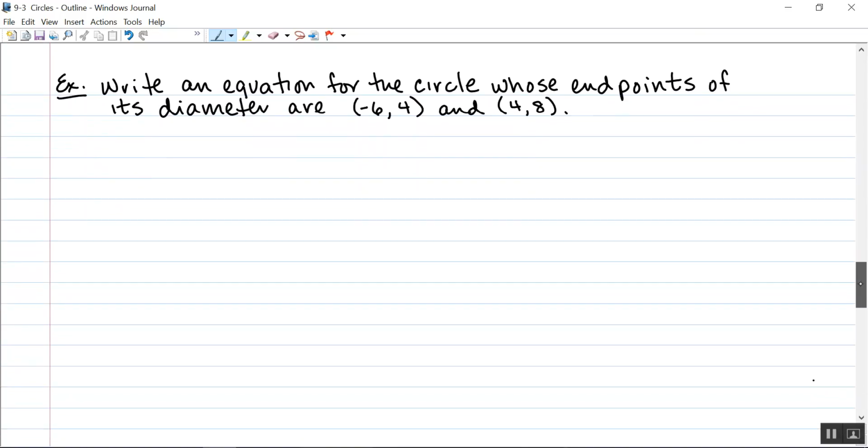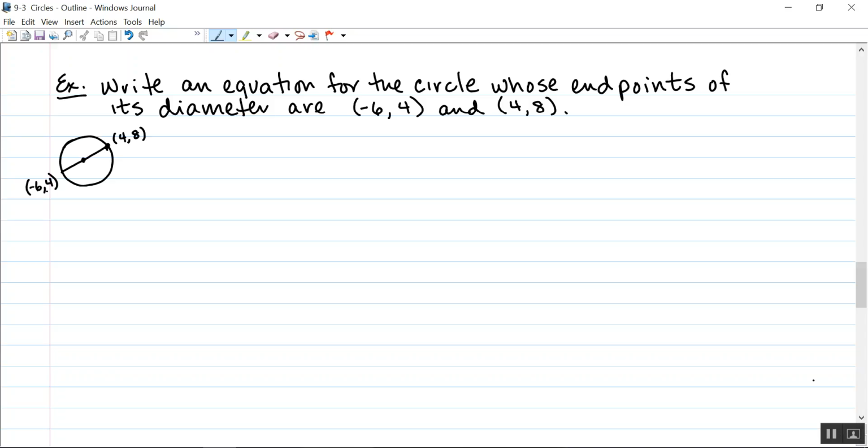This one gets a little more difficult. It says write an equation for the circle whose endpoints of its diameter are (-6, 4) and (4, 8). So in other words, what does that mean? I'll do a little sketch here. I have a circle, and it has a diameter, and the endpoints of the diameter are (4, 8) and (-6, 4).